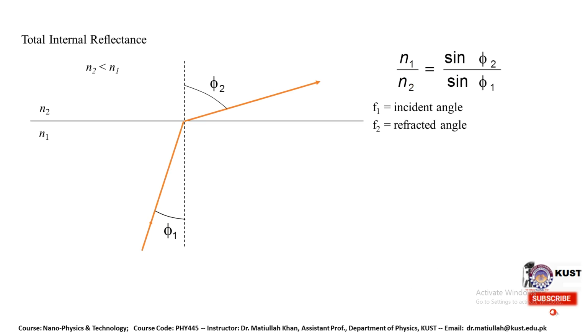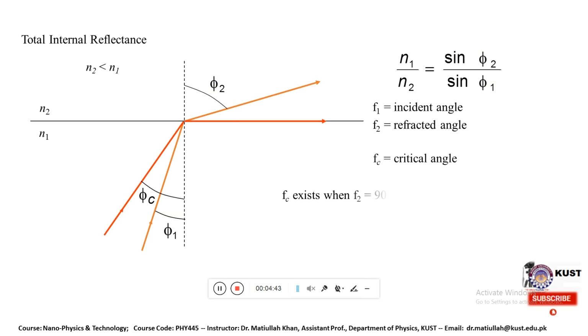So we have total internal reflection where n2 is less than n1. We have an angle of incidence and an angle of refraction, and if n2 is less than n1, then n1/n2 will be equal to sin α2 / sin α1, and αc is the critical angle here. αc exists when α2 is equal to 90 degrees.